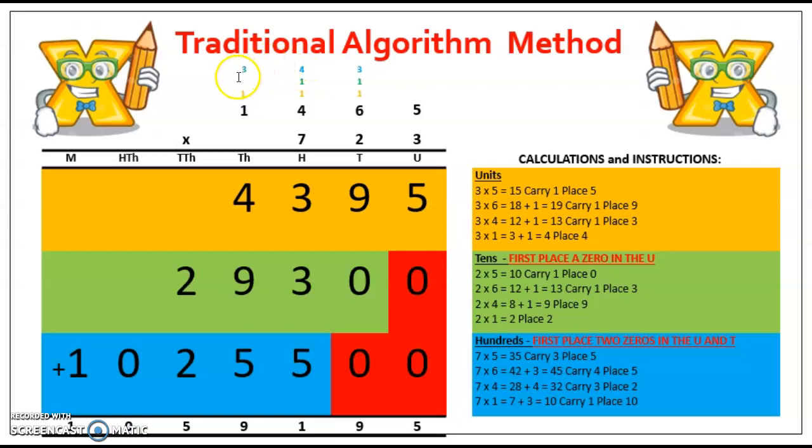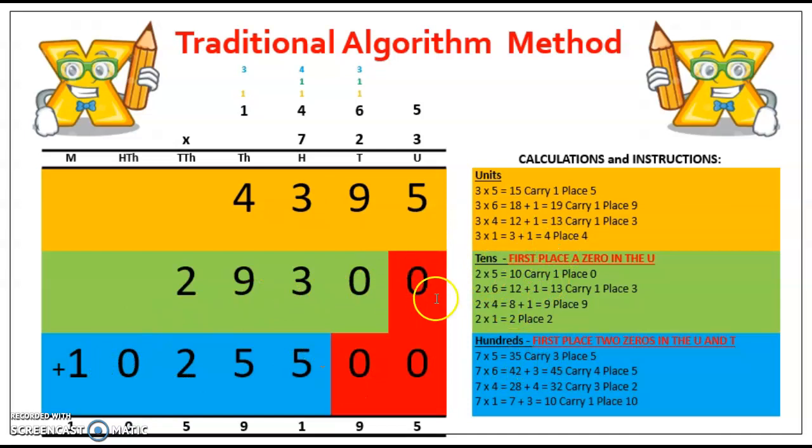You carry the 3, you put down the 2. And finally, you're going to say 7 times 1 is 7, plus the 3 that we carried over, which is 10. You'll see there's nowhere else to carry over, so we place the 10 in the hundreds section, in the blue section. Right, we are now done multiplying out the units, the tens, and the hundreds.